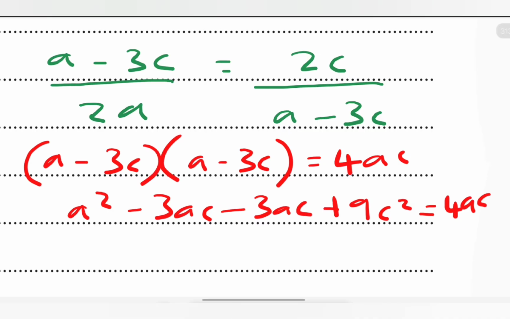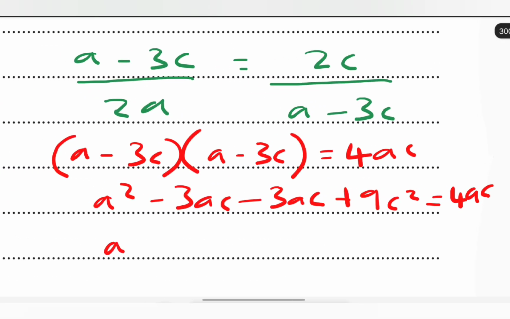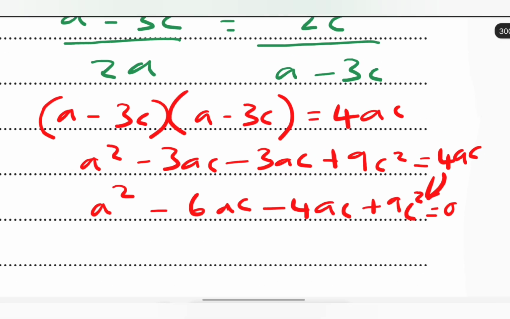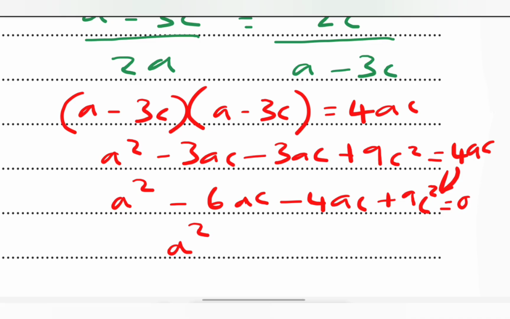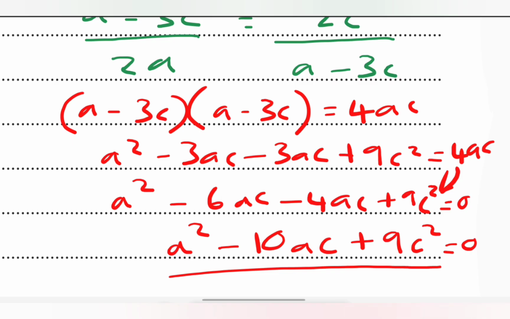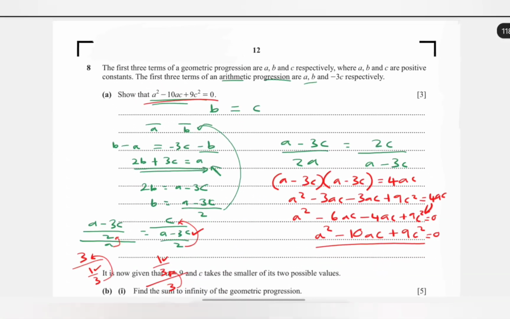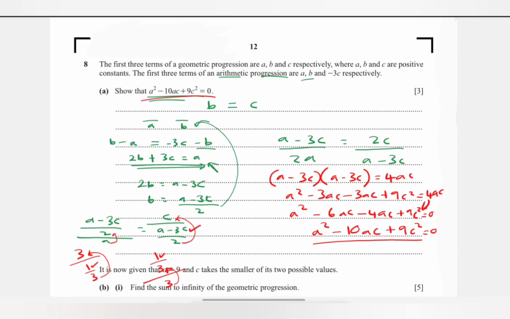And this comes down to be a squared minus 6ac, taking this 4ac to this side, the left hand side becomes minus 4ac plus 9c squared is equal to 0. And this finally gives us a squared minus 10ac plus 9c squared is equal to 0, like that. And this is the exact expression we're given there for part A.